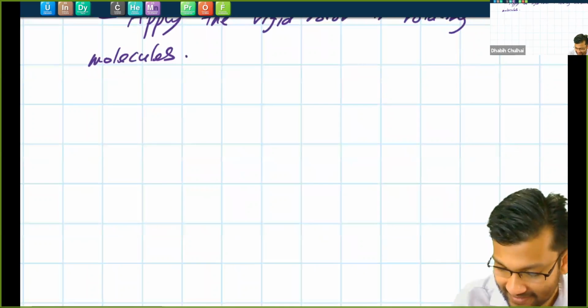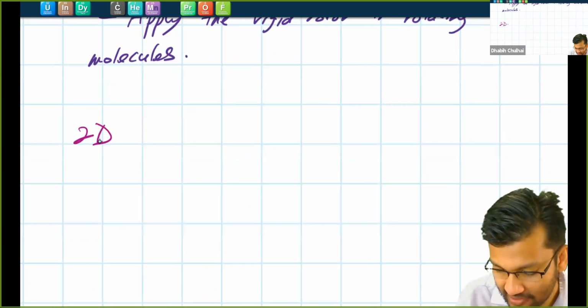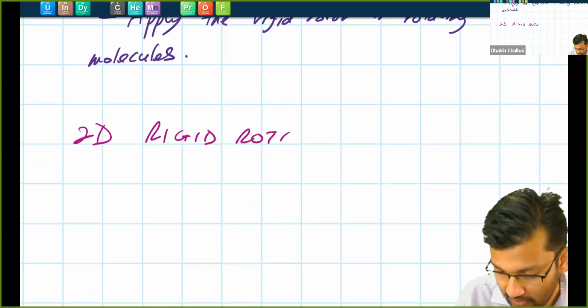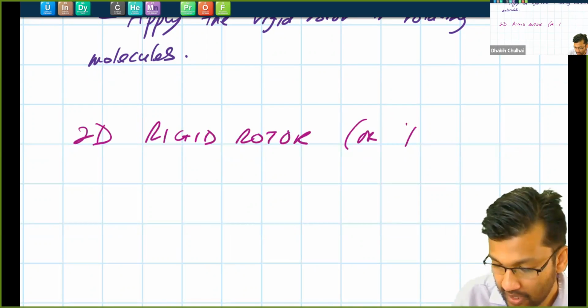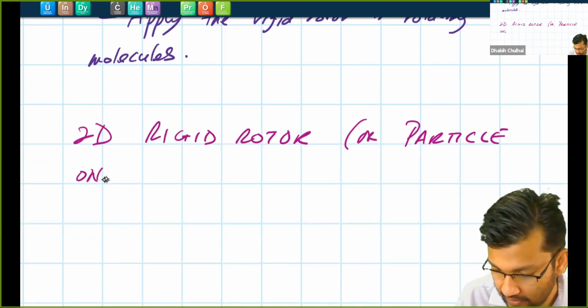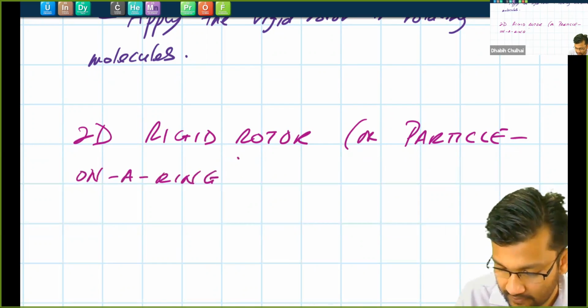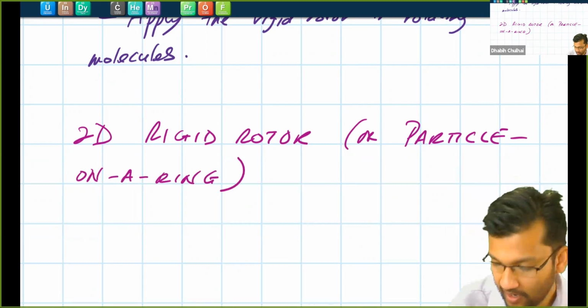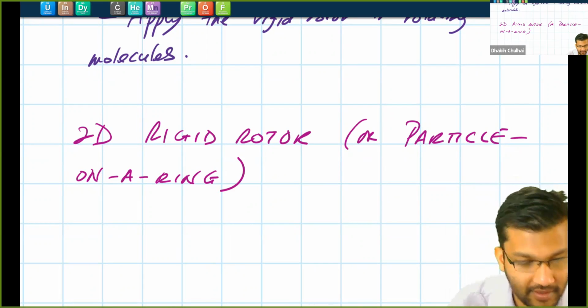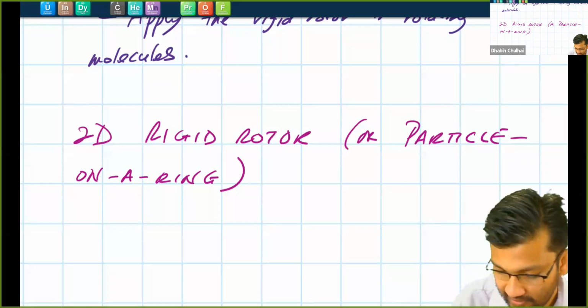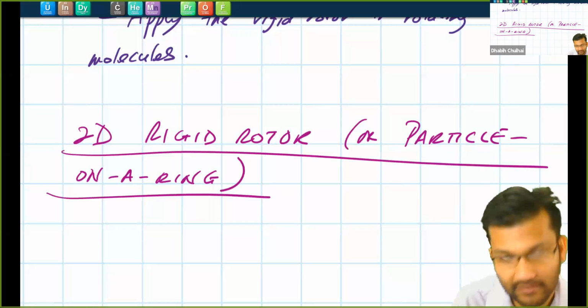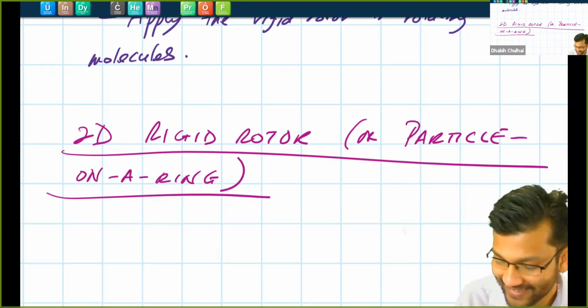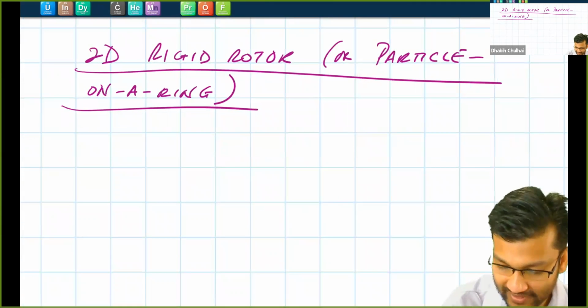All right, so let's start with the 2-dimensional rigid rotor, or like I said, particle on a ring. It's always particle somewhere, in a box, on a ring, on a sphere. I guess we could call a harmonic oscillator particle on a spring. I'm going to coin that one. Particle on a spring it is.